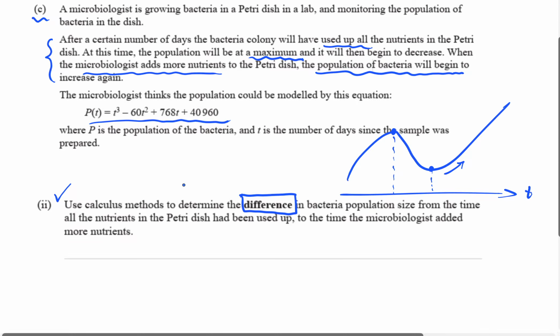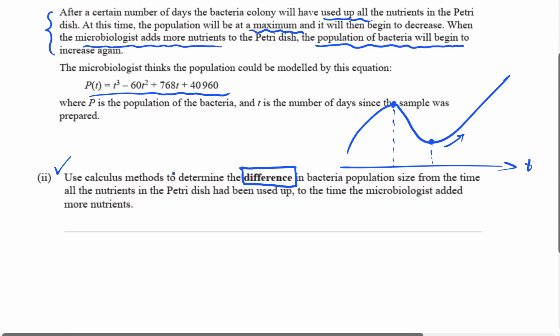Now I'm going to figure out the maximum value and the local minimum value. What should I do? I already forgot it. I will do it again from the very beginning. I will do the differentiation: p dash t equals 3t squared minus 120t plus 768.